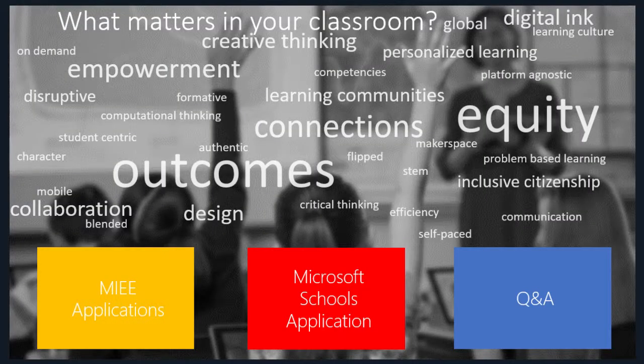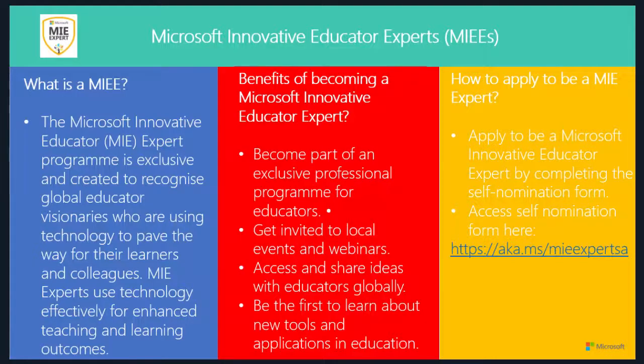But the Microsoft Innovative Educator Expert applications, that needs to be done by each school. You've got to identify at least 2 champions that are going to apply to be experts. Right? Remember, there's a difference between an MIE and an MIE expert, right?